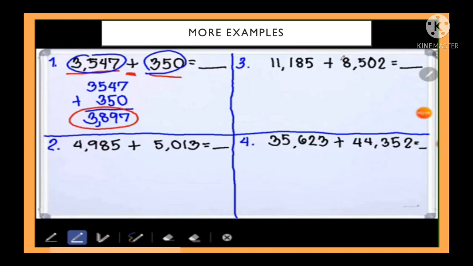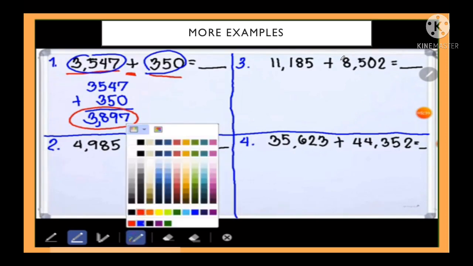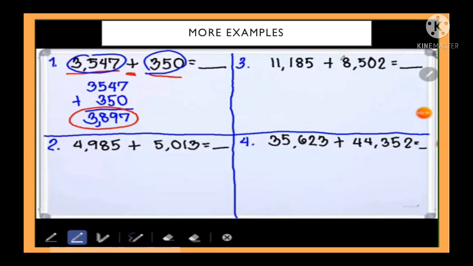Easy. Yes. Okay, number 2. What will be the first number that we need to write here? Good job. It is 4,985. So I will put it here down. What's next?